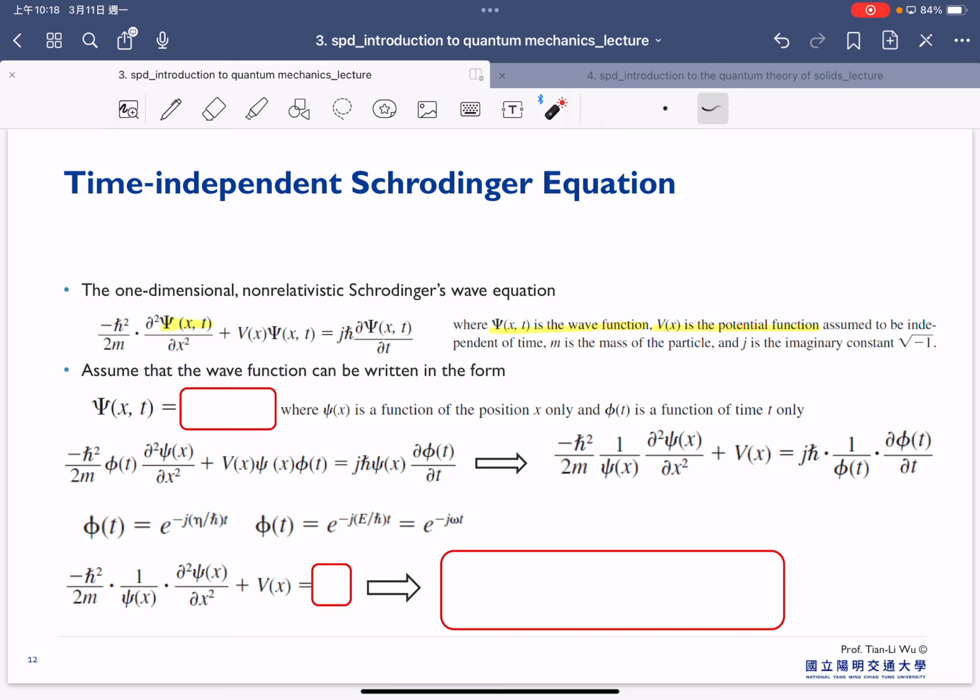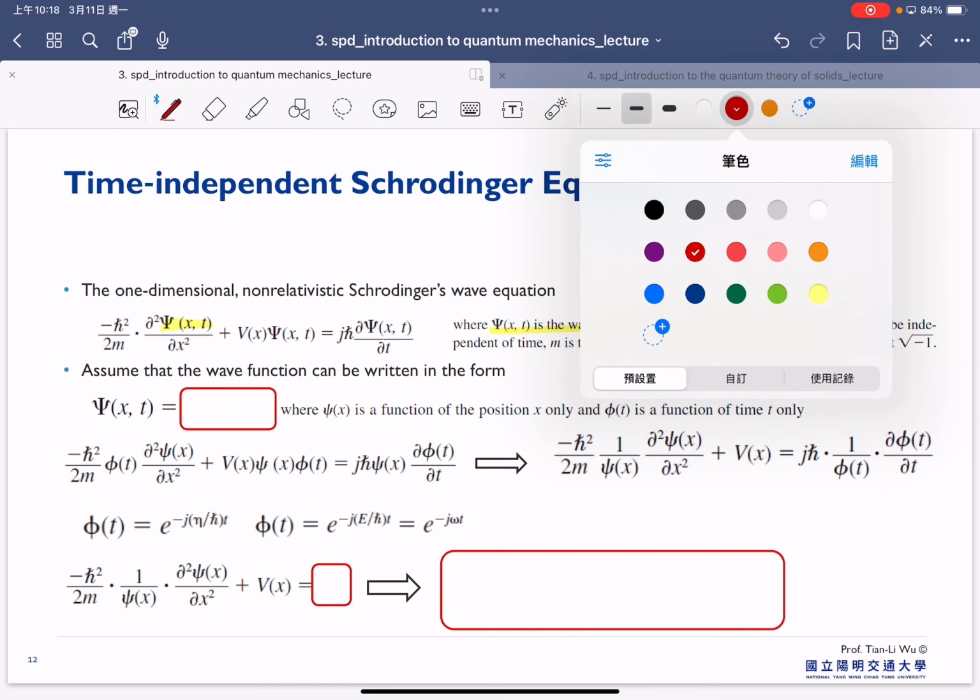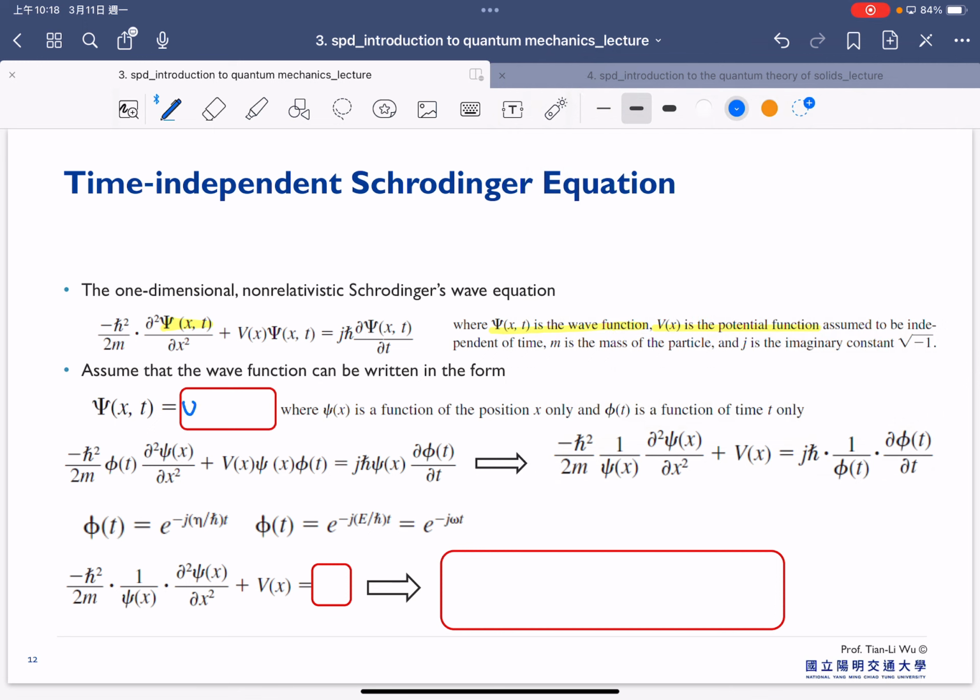And right now we assume that the wave equation can be written in this form, where phi(x) is a function of position x only, and phi(t) is a function of time only.